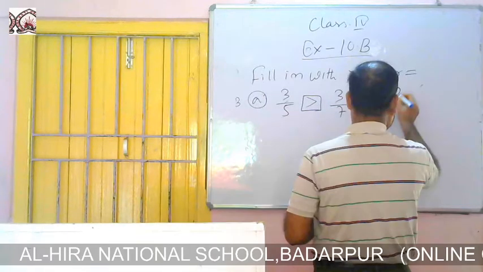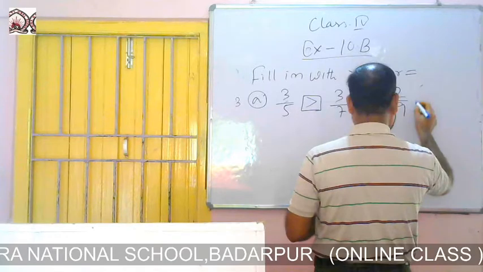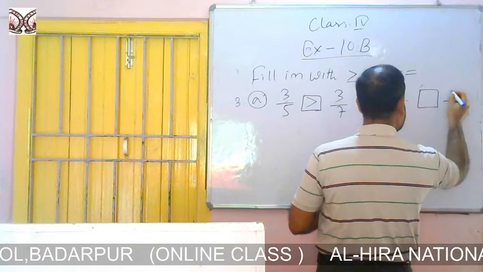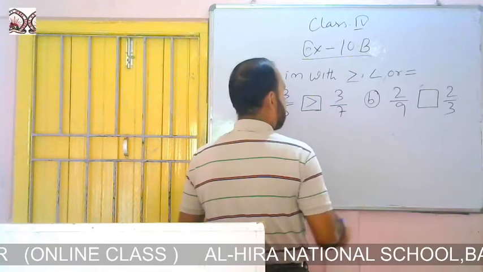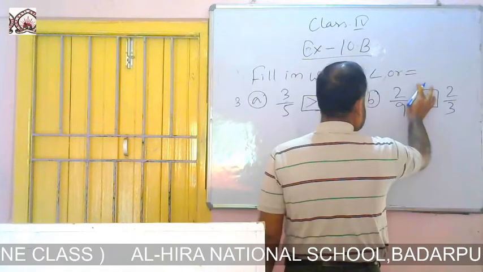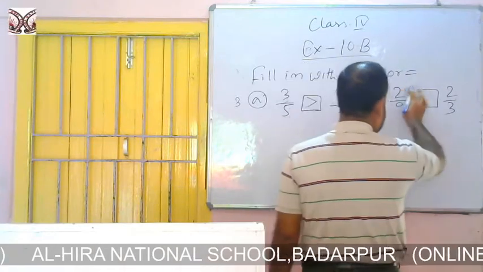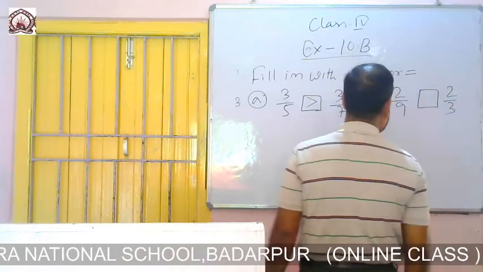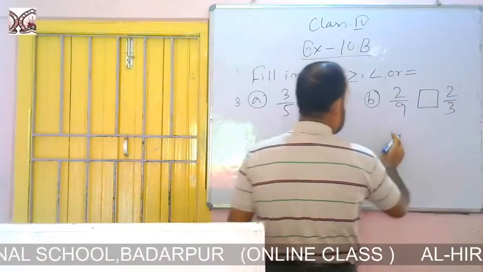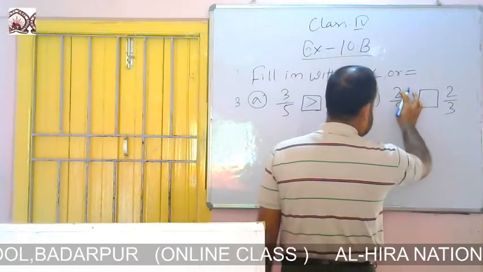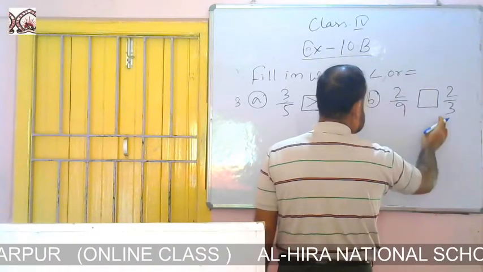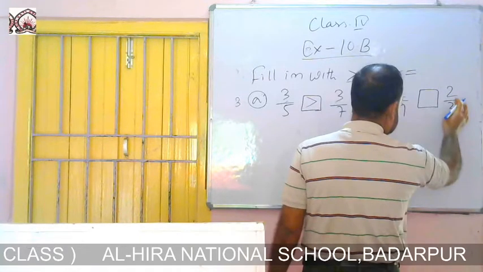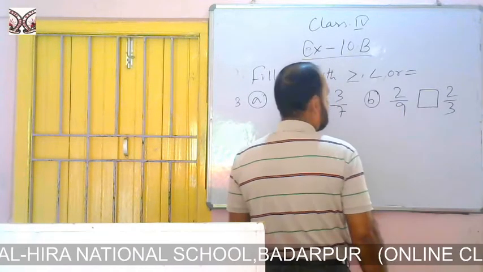Next, question number B, 2 by 9 and 2 by 3. So same here, the numerator is 2 in both, so both numerators are the same. We know that if numerators are same, the one with the smallest denominator is the greatest.